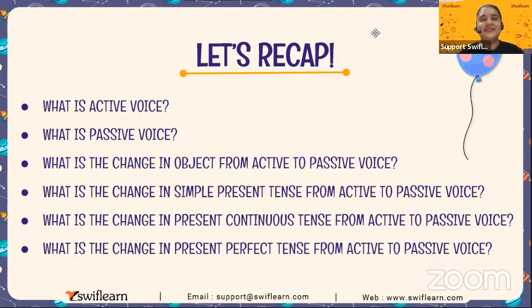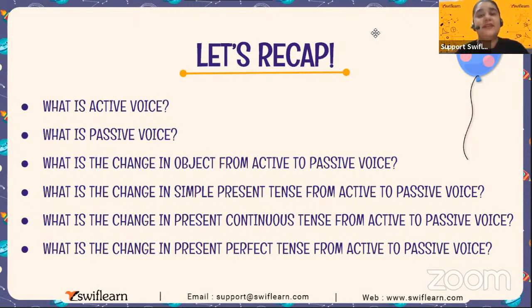A verb is said to be in active voice when the verb shows that the subject is doing something, in other words, the doer of the action is the subject. So active voice is when it is telling us that the subject is doing something.